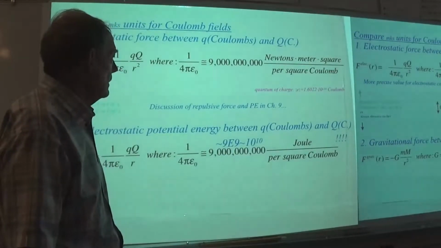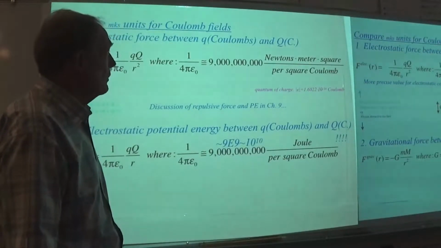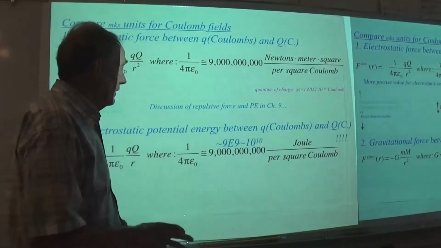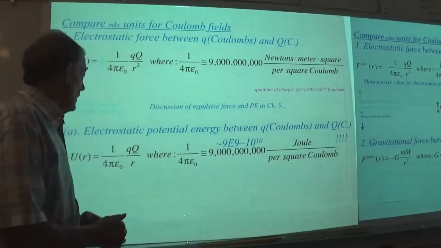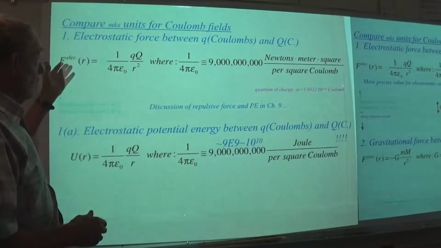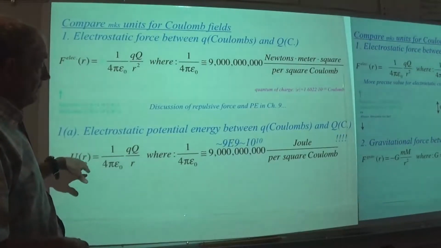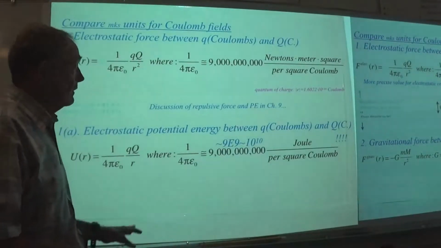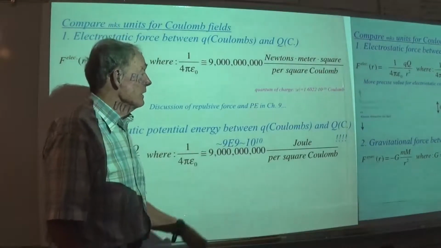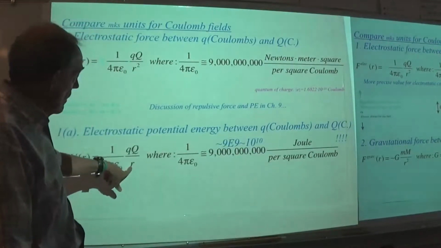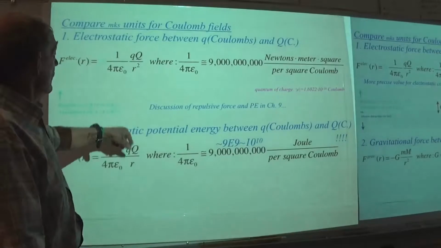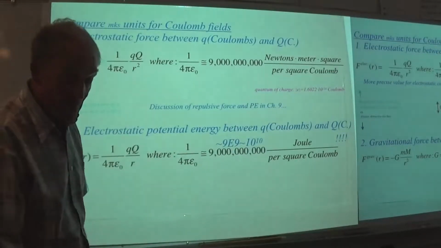Okay, now, the real measures of any of these is not just the force, but also the potential, the potential thing here. And again, it's the same constant. It's just that now I'm going to be having r to the first power instead of to the second power.